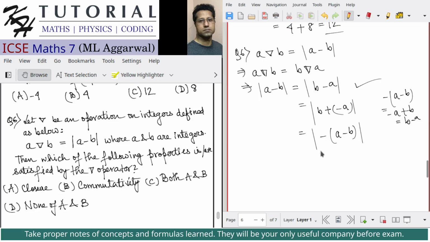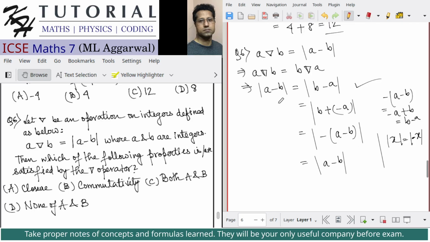Now absolute value of minus of A minus B is equal to absolute value of A minus B. As I have explained earlier while discussing absolute value, we always have absolute value of x is equal to absolute value of minus x, where x in this problem is A minus B. So absolute value of B minus A is equal to absolute value of A minus B, which satisfies the commutative property.